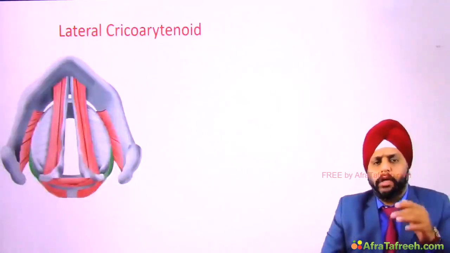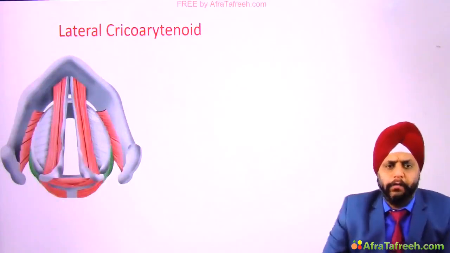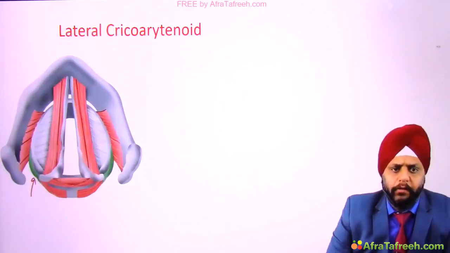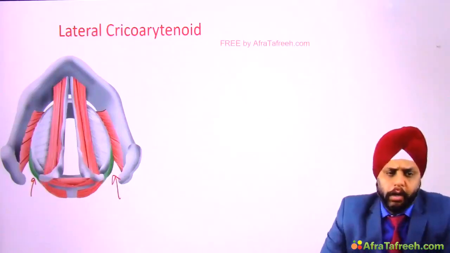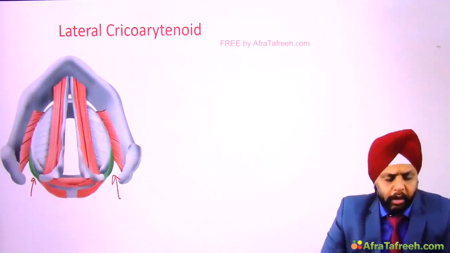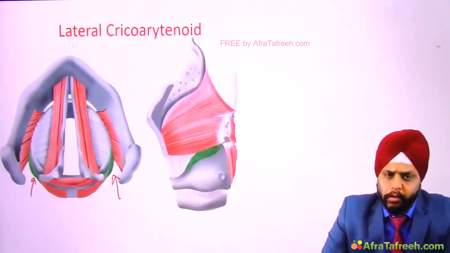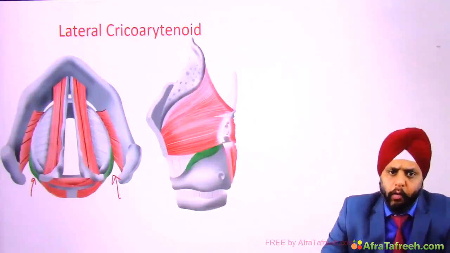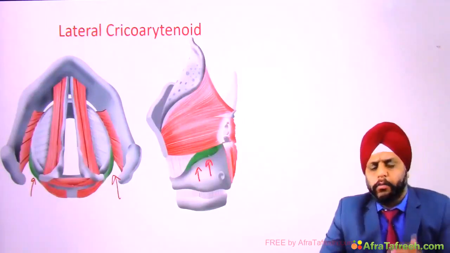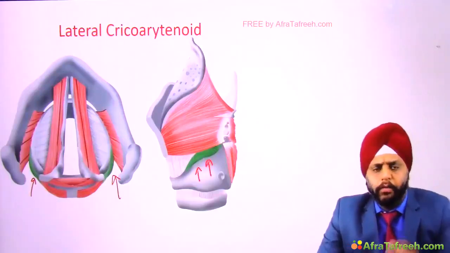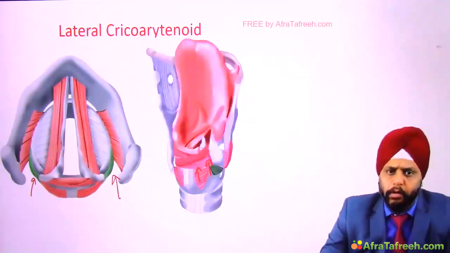So we come to the lateral cricoarytenoid muscle. We can see over here the green color muscles. I have highlighted them in green. This is your lateral cricoarytenoid muscle. Now let's look at them in the other cross section. You can see over here, going from the cricoid cartilage to the arytenoid cartilage, to the muscular process of the arytenoid cartilage, we have the lateral cricoarytenoid muscle. So this is how the muscle looks.